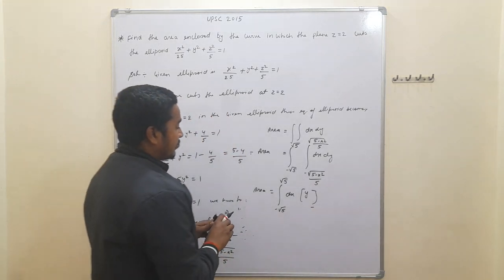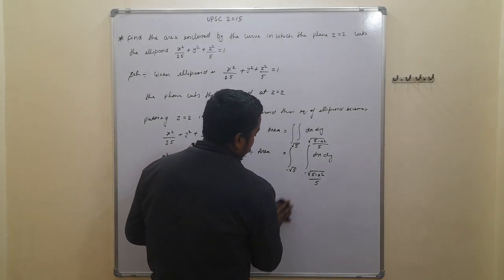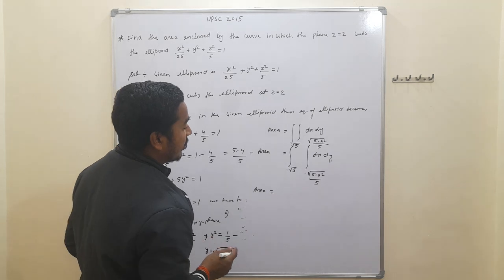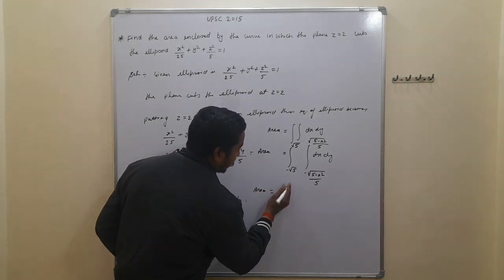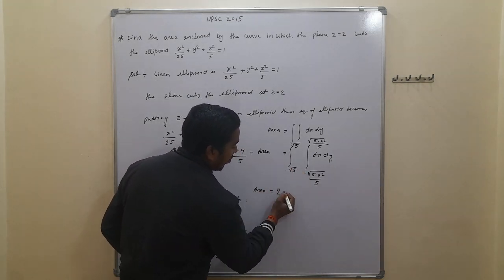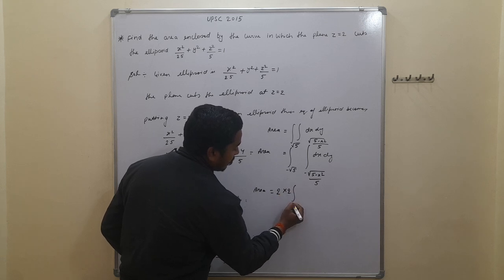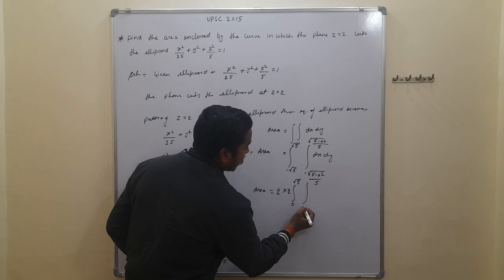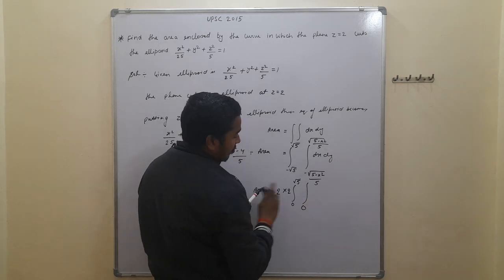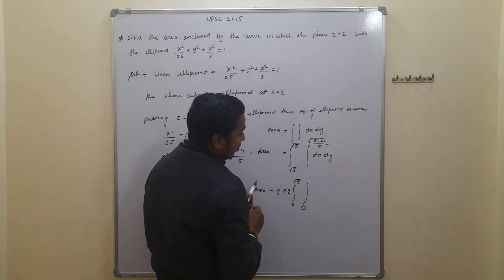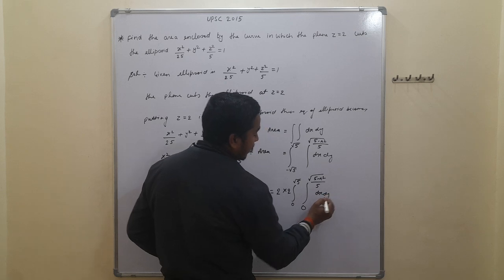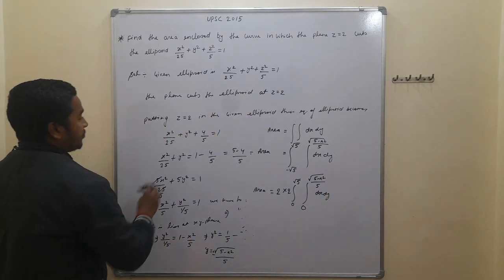We can also change the limits to 2 times the limits, for both x and y. For x it is 0 to root 5, and the second limit for y is 0 to under root of 5 minus x square upon 5, of dx dy, and further we have to solve.